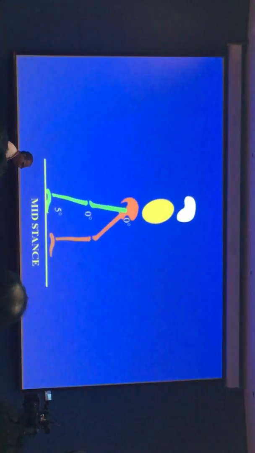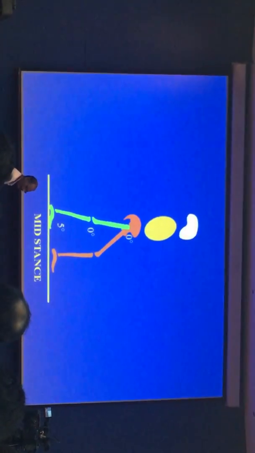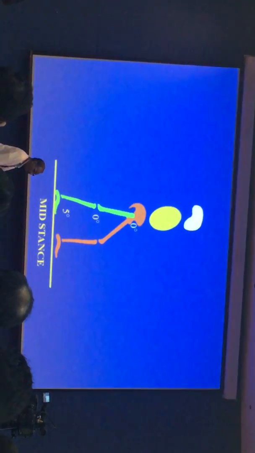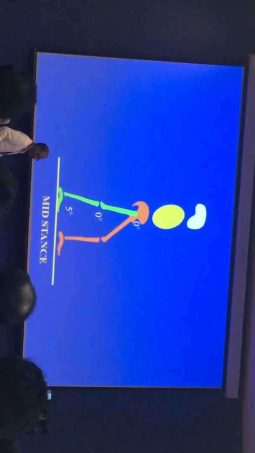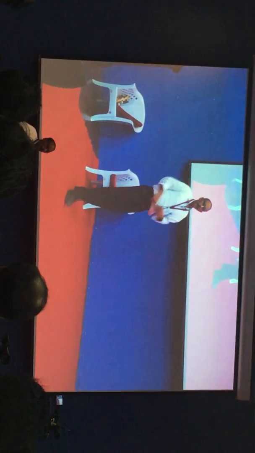And as my tibia comes over the top of the dome of the talus, my body is also coming on top. CG is also coming in front. Remember, CG was behind here. CG is now gradually moving closer and closer to the axis of the knee joint till it comes in front of the axis of the knee joint. So towards the end of my stance phase, I don't need my quadriceps to function at all.